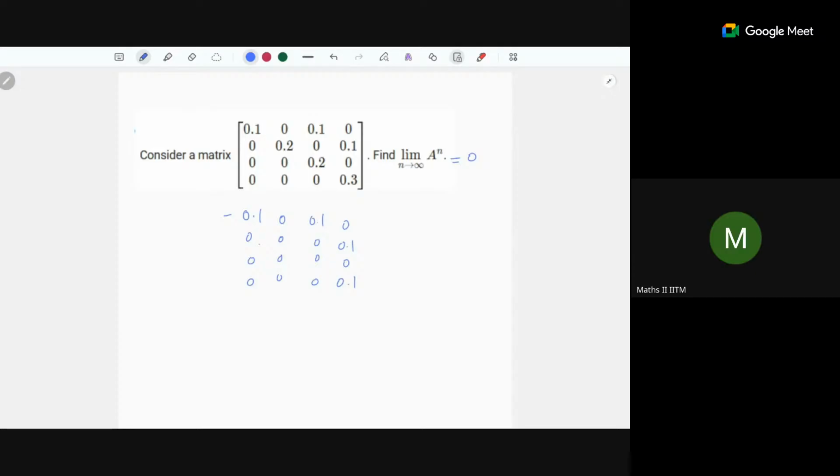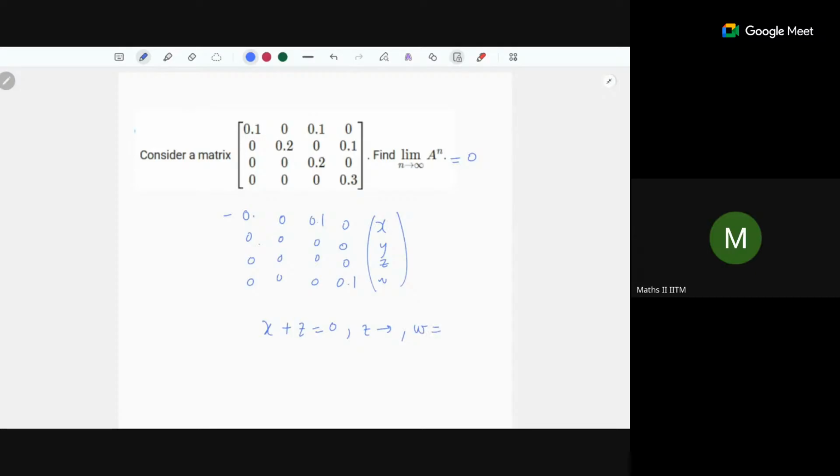Nullity is 2 because, right, this is a multiple of this. This is one independent variable. So this will go away. Multiply x, y, z, w to that. You will get x plus z equal to 0. And then z can be anything.